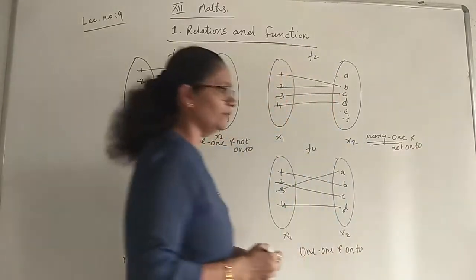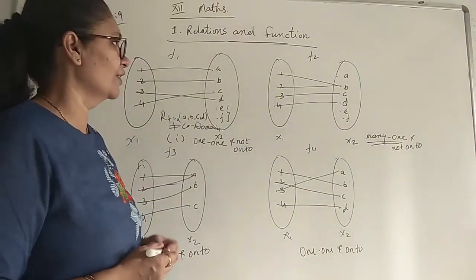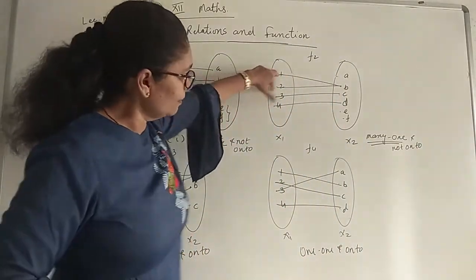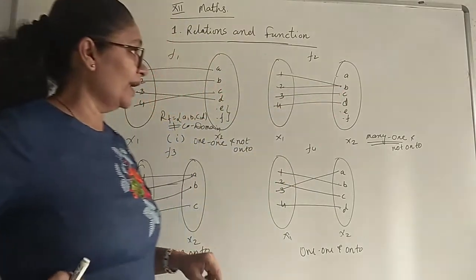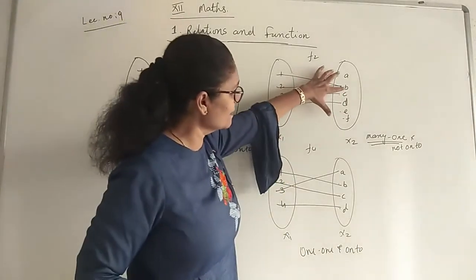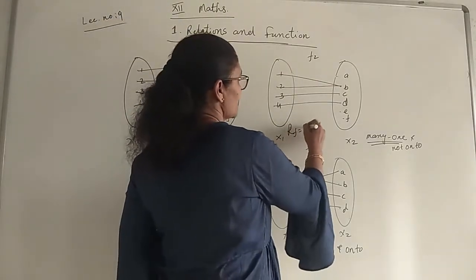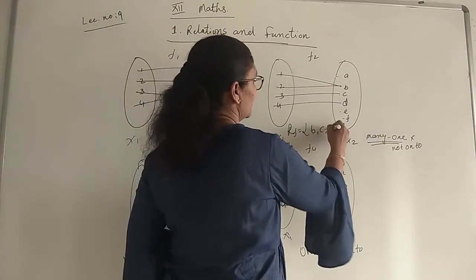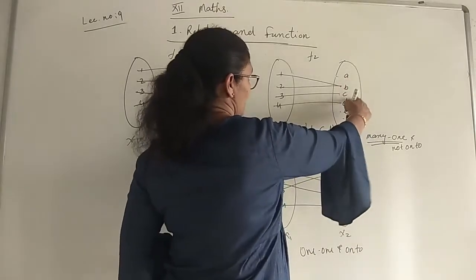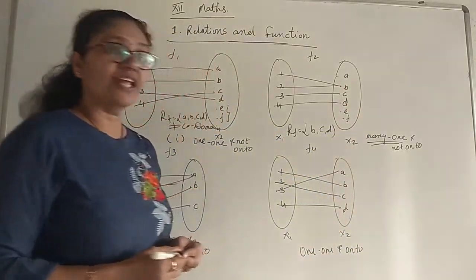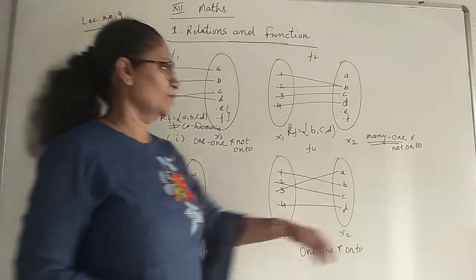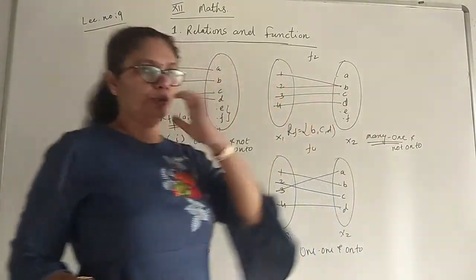If it is not one-one, we can say it is many-one. Many terms, one answer. Okay, now check its range. Range is B, C and D, only 3 terms. So you can write the range as B, C and D. But your codomain is A, B, C, D, E, F. So range and codomain are again not the same. So it is not onto also.